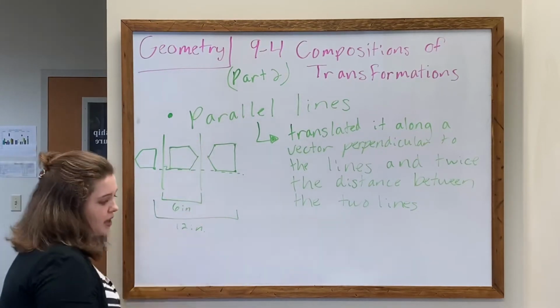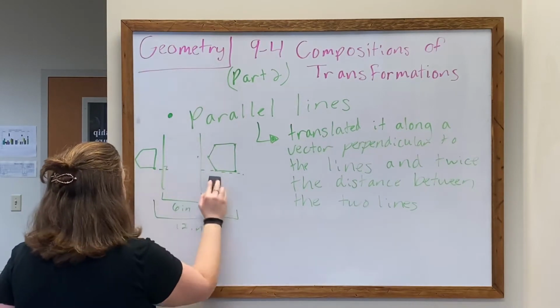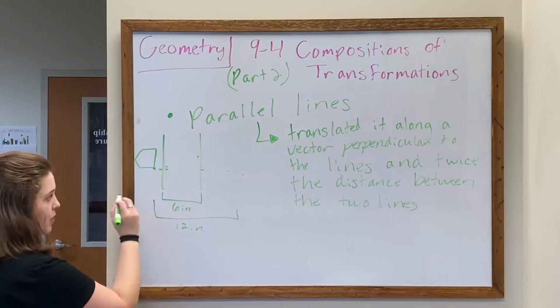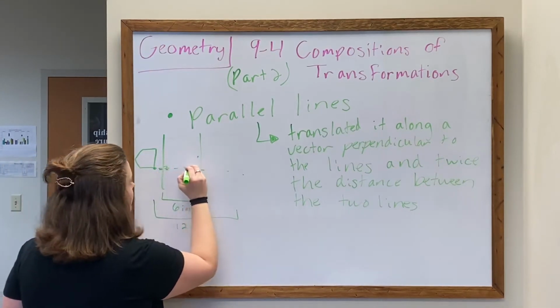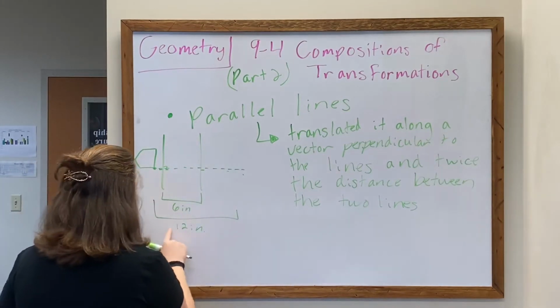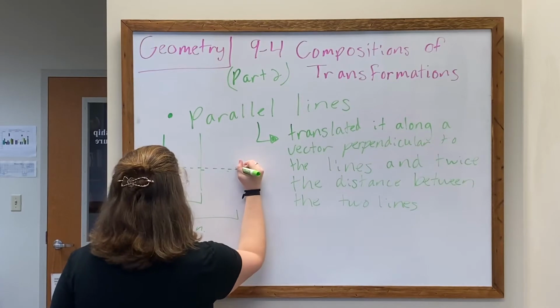Instead of doing both steps, I would find my perpendicular line and then I would measure 12 inches from that point and put me a point.